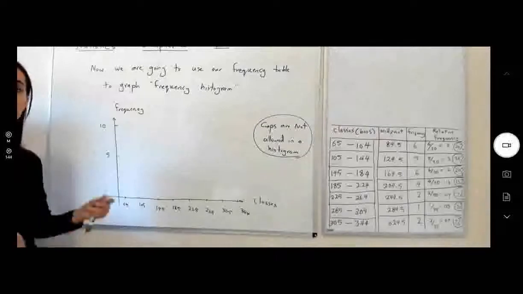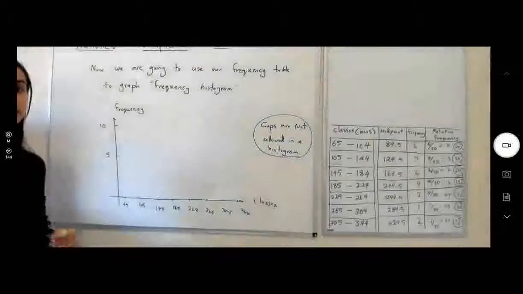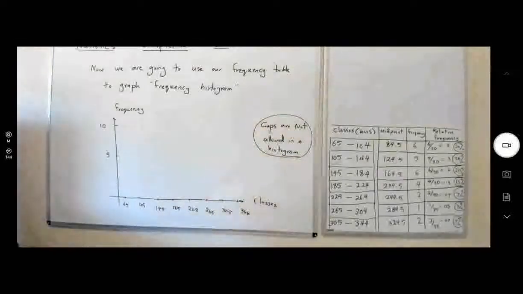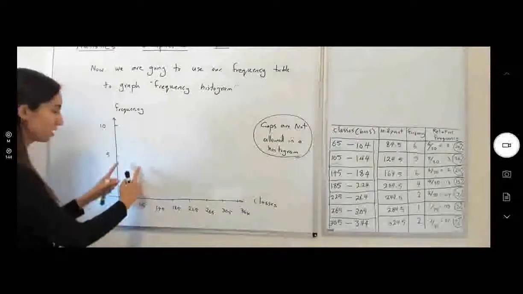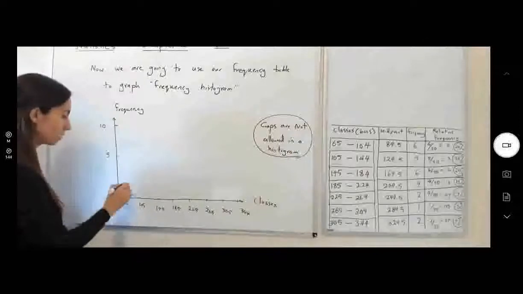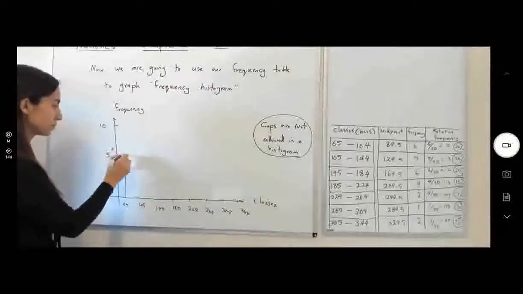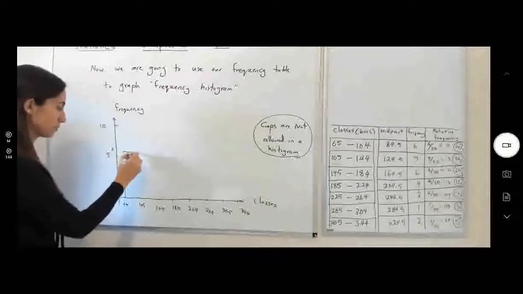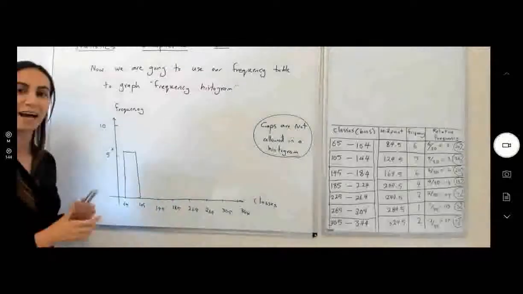Okay, so what's the frequency of the first class? It is 6. What's the meaning of that? It means that your first bar goes up and stops at 6. This is your first class bar.